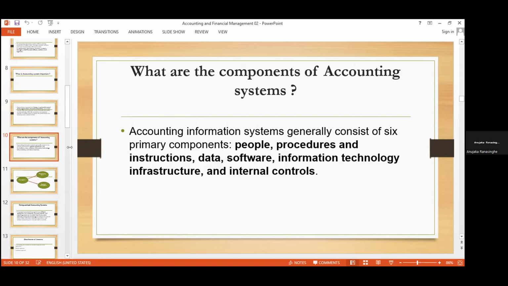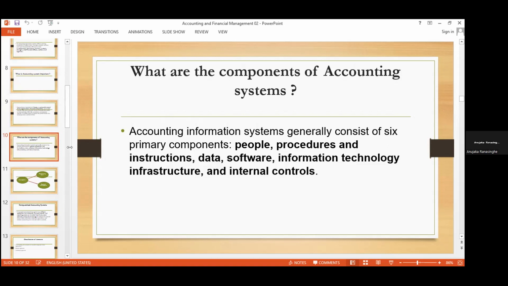Procedures and instructions are given by the related company, accounting organizations, regulatory bodies, or any other authorities.